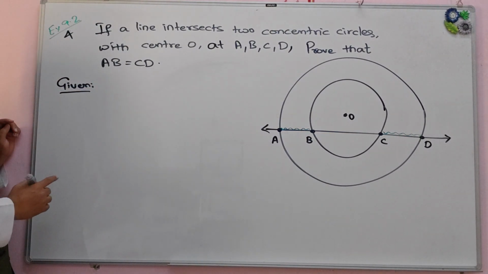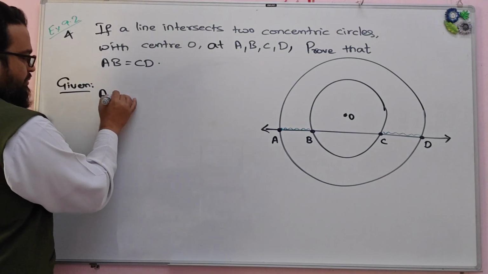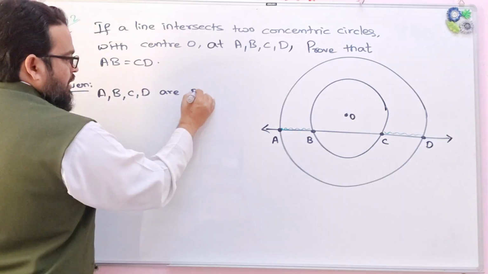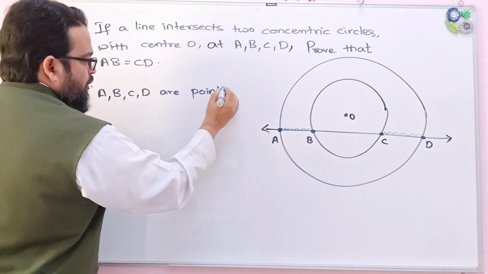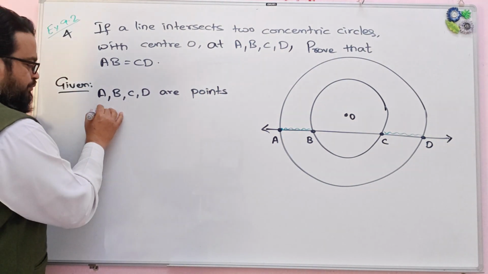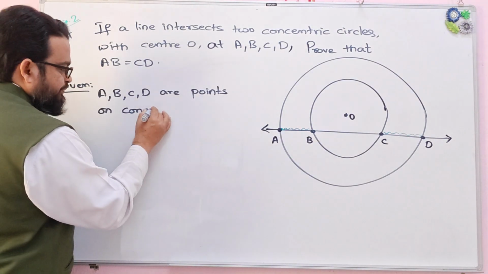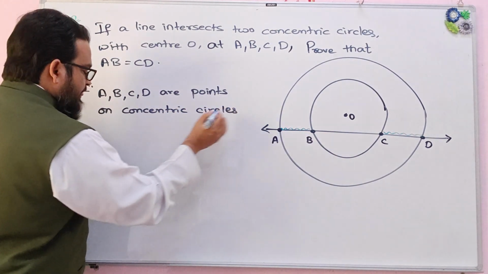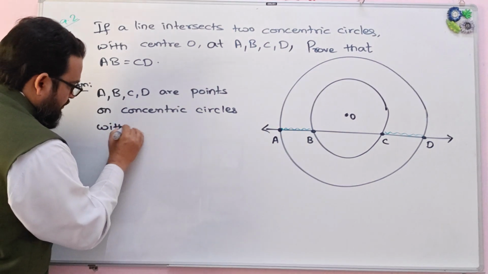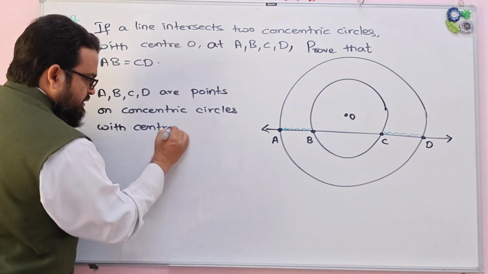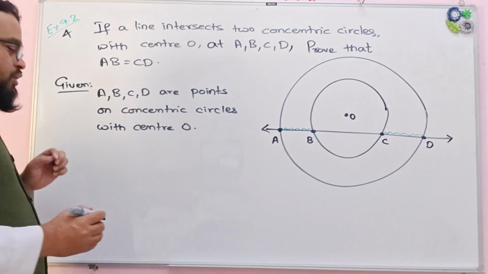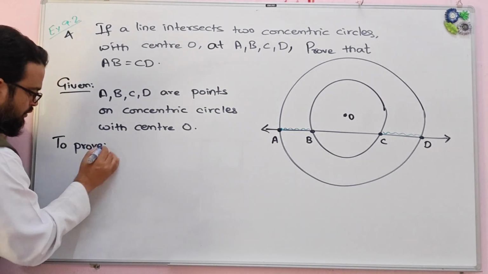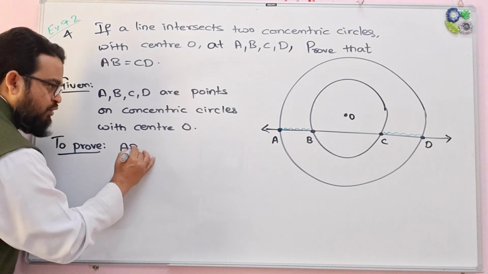Given: A, B, C, D are points on concentric circles with center O. Now what to prove? To prove: AB equals CD.